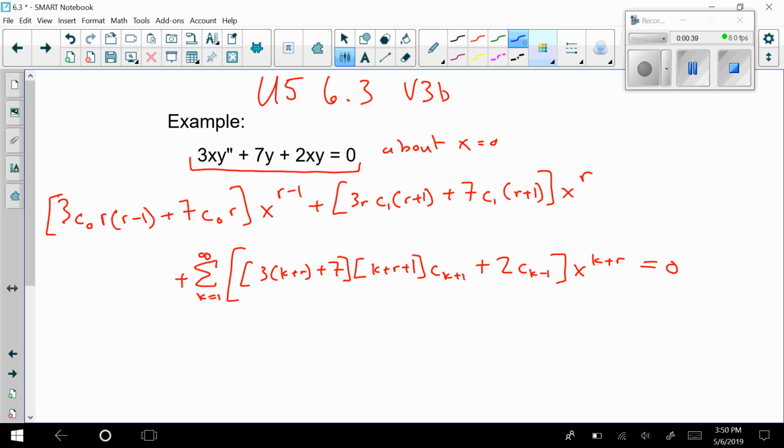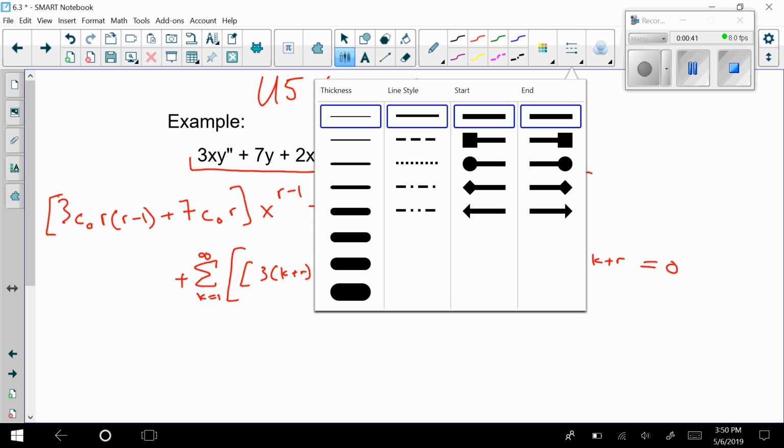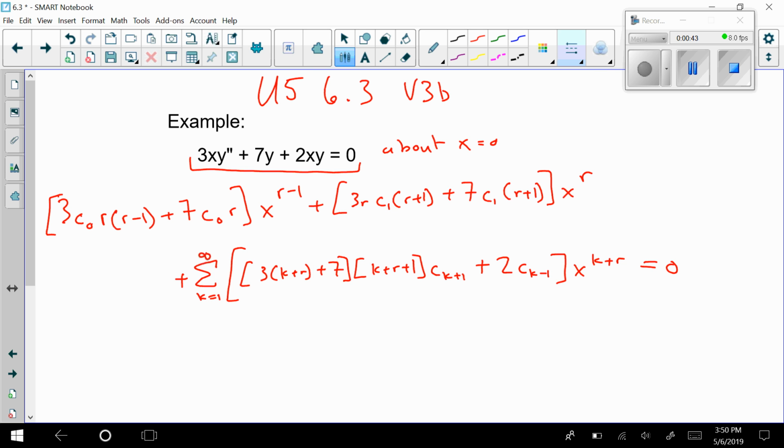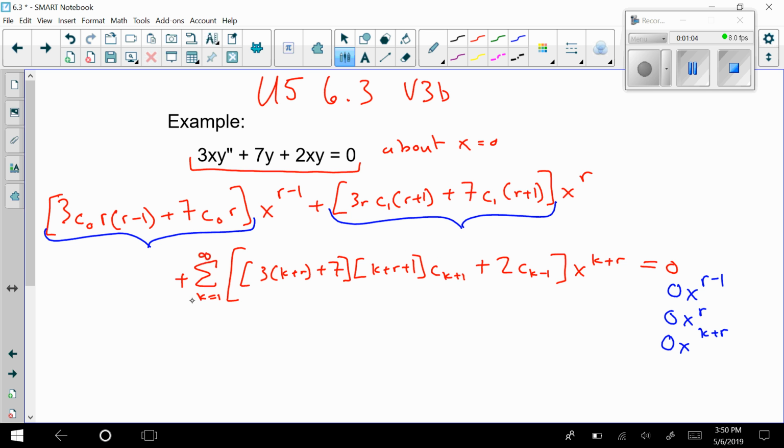And I got to this part, and what I had told you was that over here on the far right side, I have 0 x to the r minus 1 and 0 x to the r and 0 x to the k plus r. So that means that each one of these sections needed to be put equal to 0.